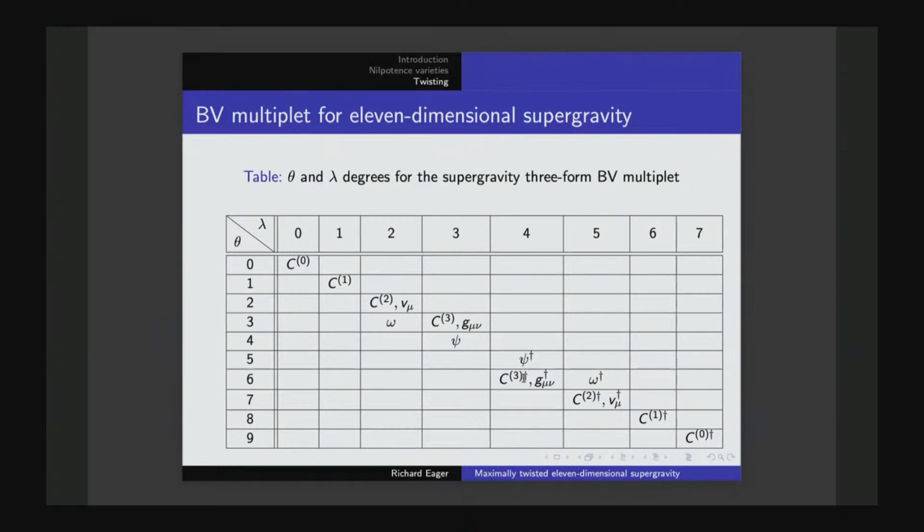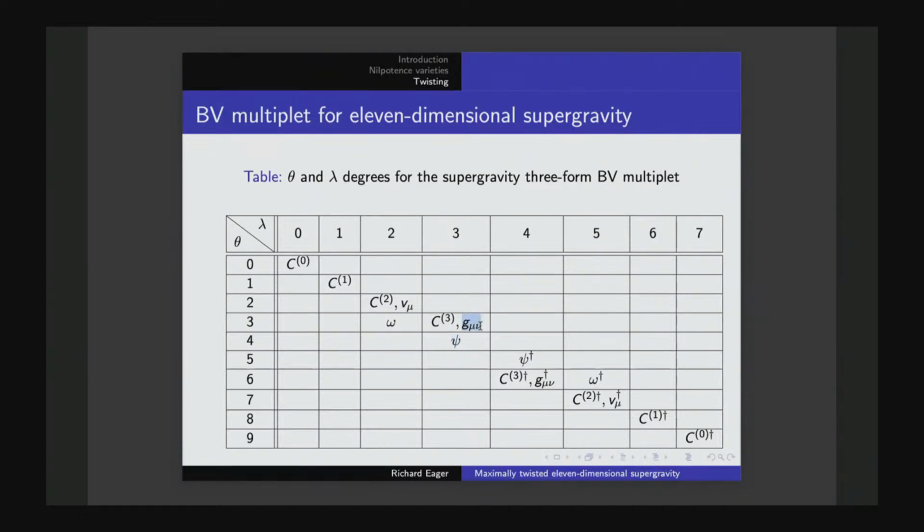Okay, so when we run the pure spinor formalism, we get a very beautiful BV multiplet for 11-dimensional supergravity. The fields are in lambda degree 3, which are going to be a gauge 3-form, a graviton, and a Rarita-Schwinger field.